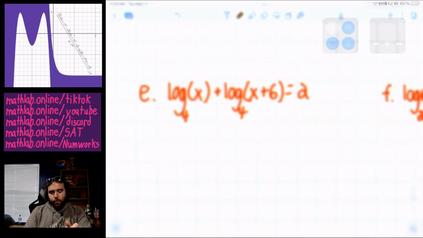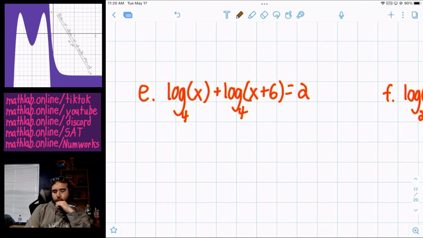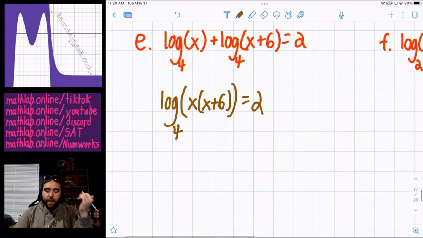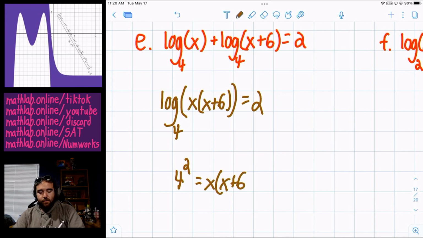These are kind of the more normal ones that we have. We're going to combine these into one log. That's generally the idea, because we're adding 2 logarithms, so we can combine them into one logarithm, like this. Then we can put it back into exponential form. 4 squared equals x times x plus 6.